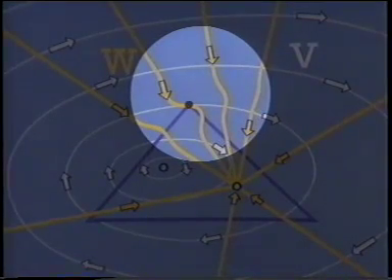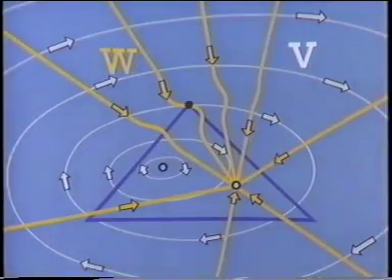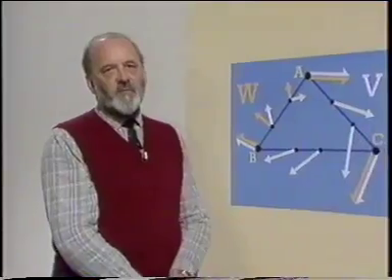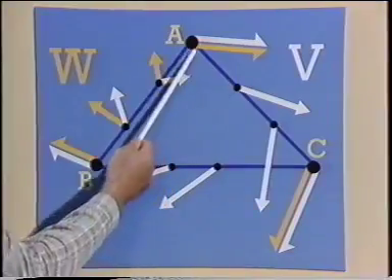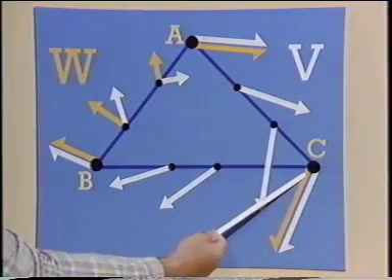This deformation leaves the index of W unchanged because no new singularities have been introduced. So assume we've done that at every vertex. And from now on, we'll work with the new W, which has the same index sum as the old one, but which now agrees with V at every vertex.